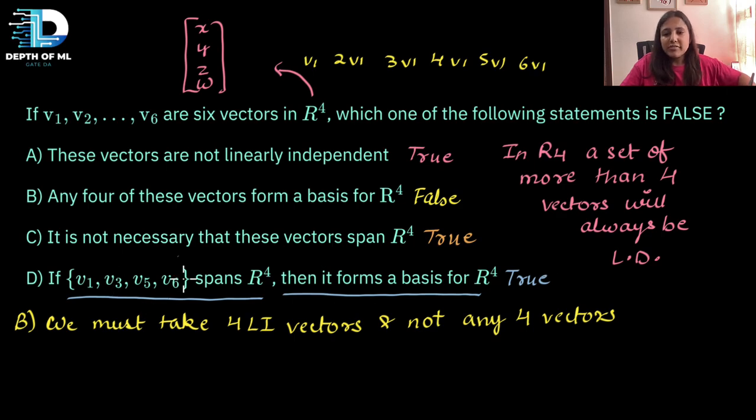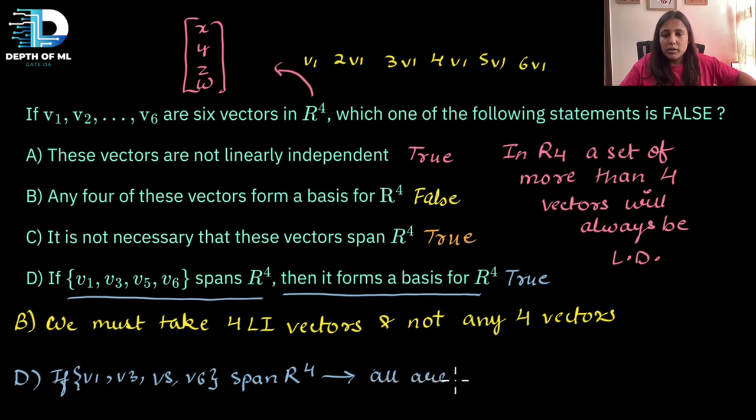Because if they can span R4, and I need only 4 vectors to span R4, these 4 vectors are sufficient to span R4, which means that they are linearly independent, hence they can form the basis of R4. So I'll just add this explanation over here. If V1, V3, V5 and V6 span R4, it means that they are linearly independent.